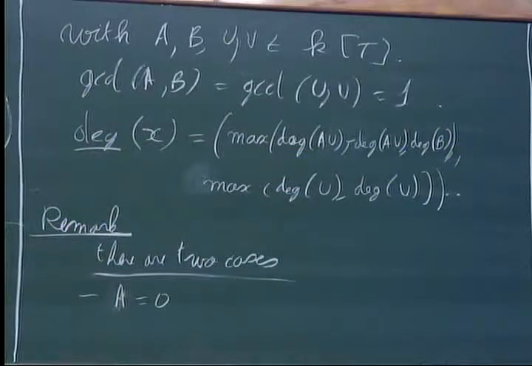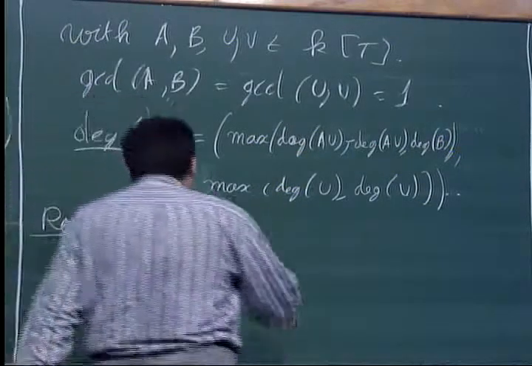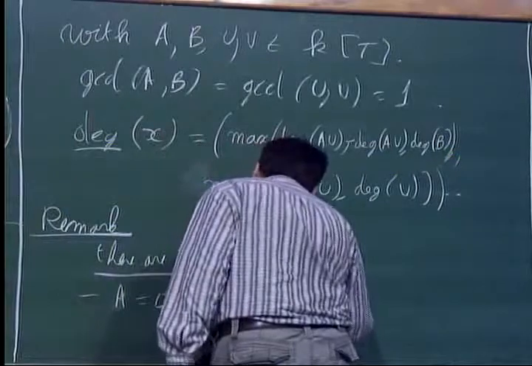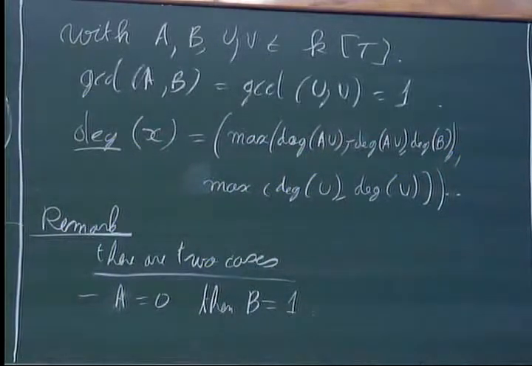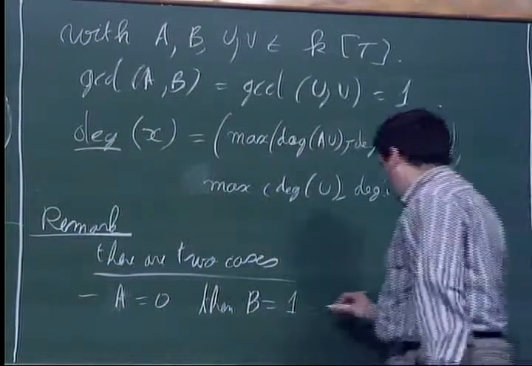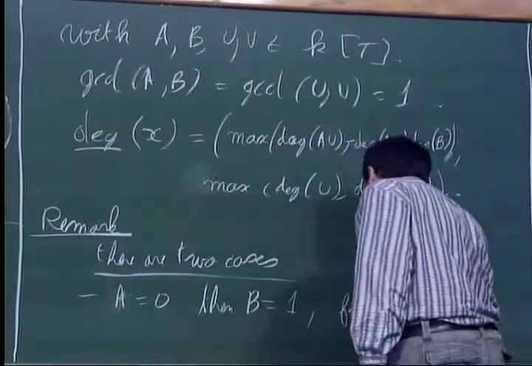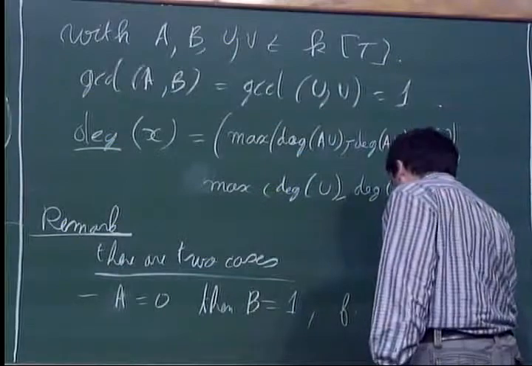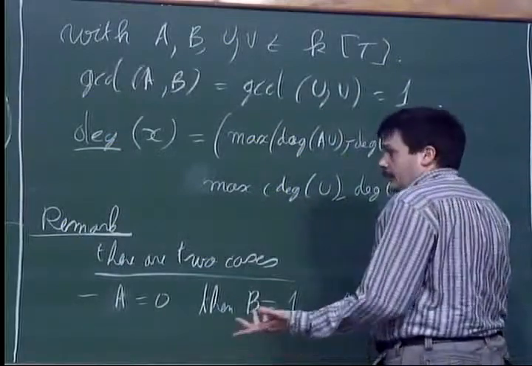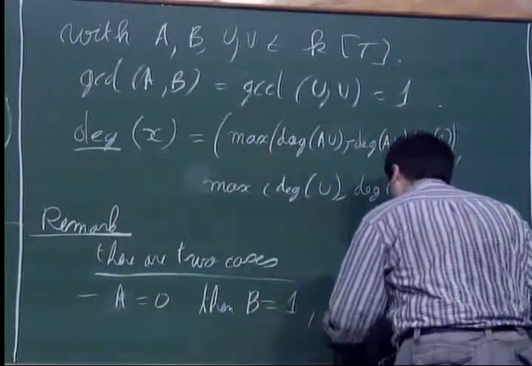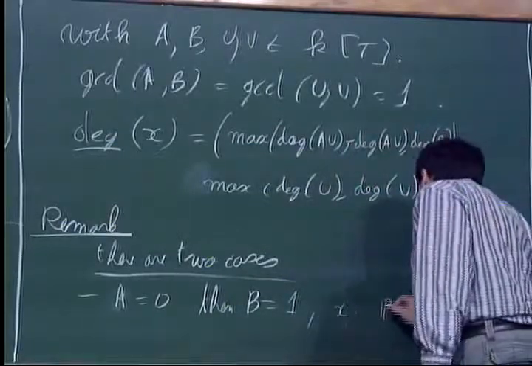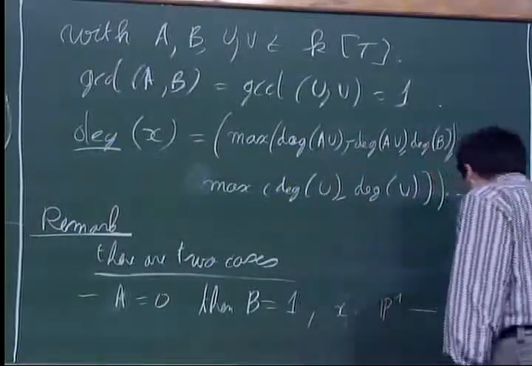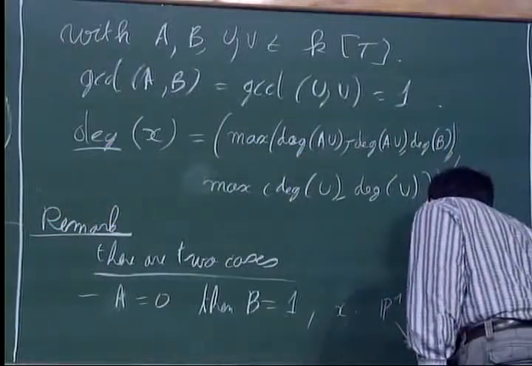If A is equal to 0, this means then B can be taken to be equal to 1. And then we have that F is in fact a map from P1 to V, but factorized through E.